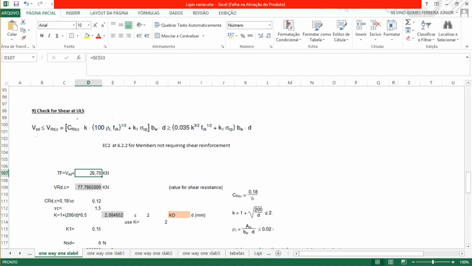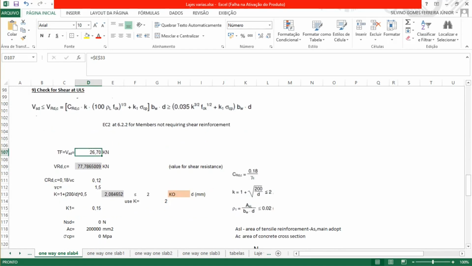Okay, so we know this value that we calculated. The shear resistance is this one. This value CRd is equal to 0.18 divided by the safety factor of the concrete, that is 1.5. That gives us 0.12.